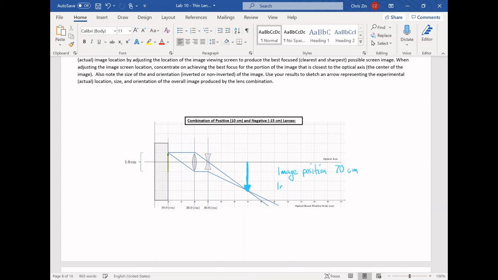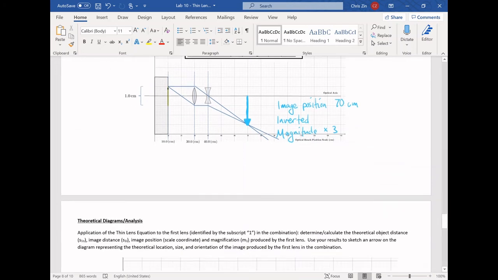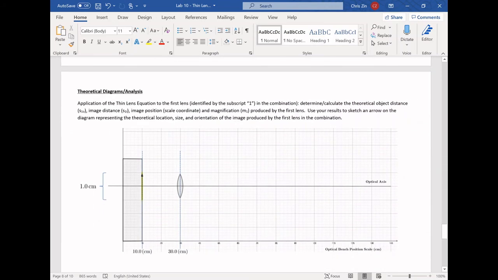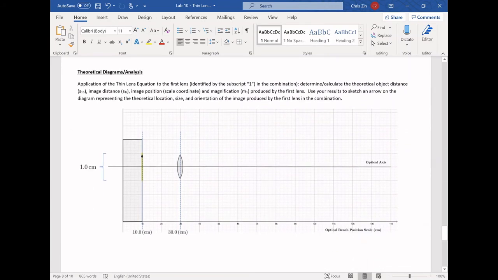The image will be inverted because the arrow is upside down, and the final image is 3 times the size of the initial object. So we predict a magnification of 3. Again, this was just how to do this in this particular case for ray diagrams, but when you do it in the lab below, you'll use the lens formula twice, and it's more straightforward in my opinion.